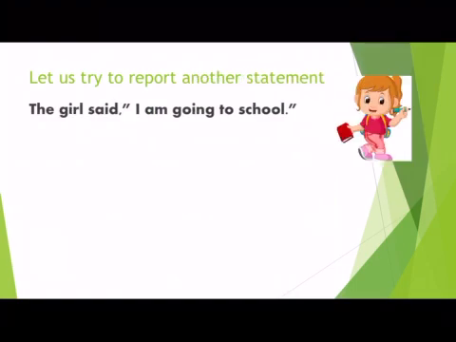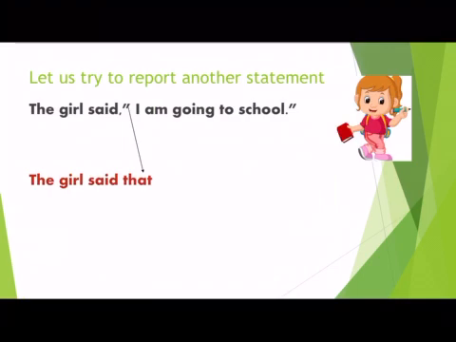Let's try to report another statement. The girl said, "I'm going to school." Now again, the first thing we are going to do is to remove the inverted commas. So we have removed the inverted commas and put that. The next thing we are going to do is to change the pronoun.